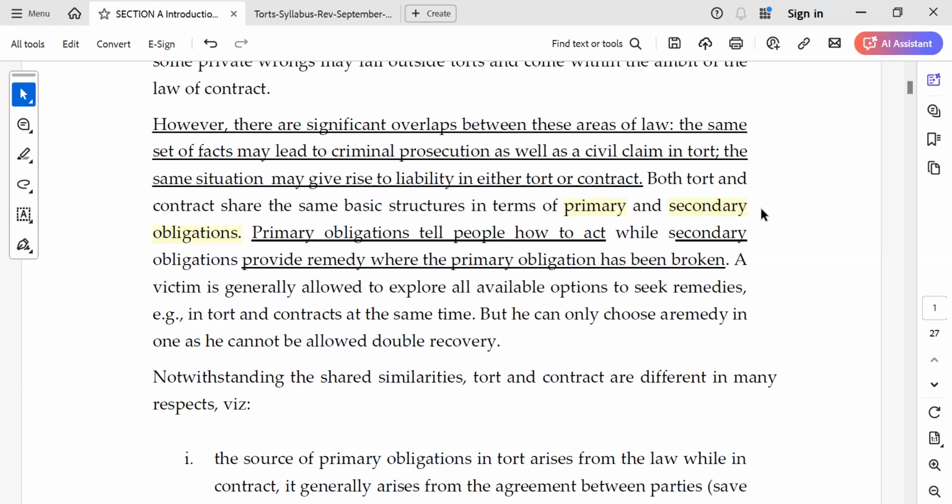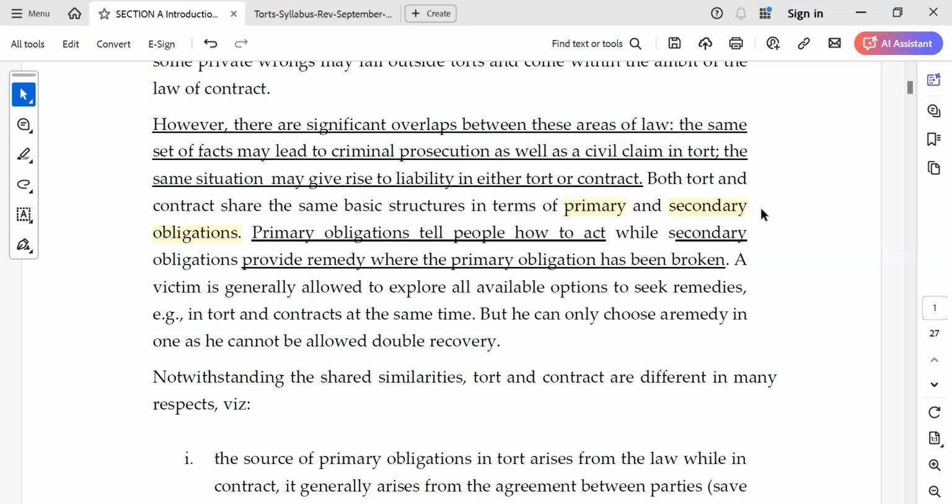A victim is generally allowed to explore all available options to seek remedies. Here in tort we say plaintiff when they go as per the tort action, but generally the person who is affected is the victim, right?